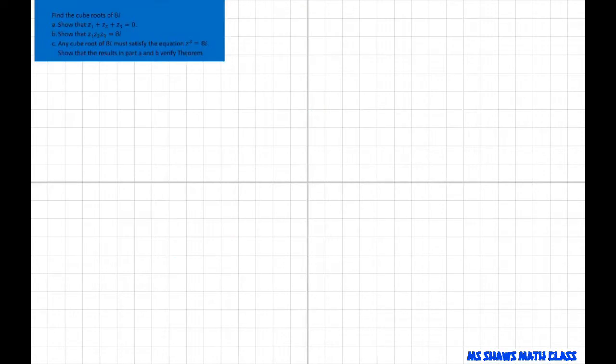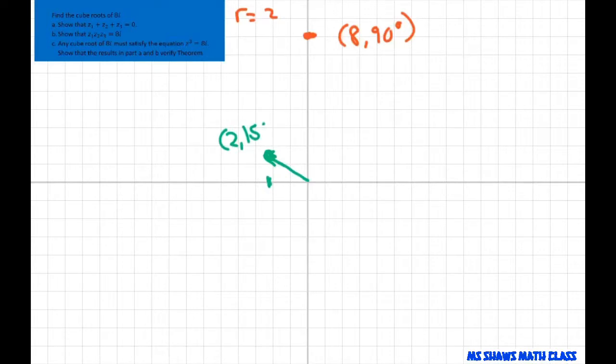Now, to graph this, let's graph this again. We're already back to 8 here. So this is 8, 90 degrees. And then our r was 2. And then we had 2, 150. So you go to about 150, and to 2, so we'll put it there. So this is 2, 150 degrees.